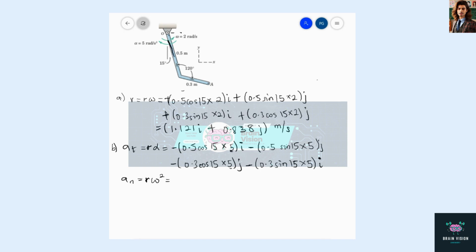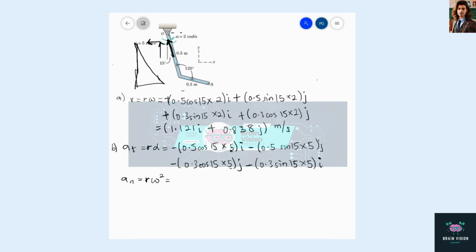So the components will be up and left. So if we draw a triangle again, this side is cos, this side is sine, because the angle is here.